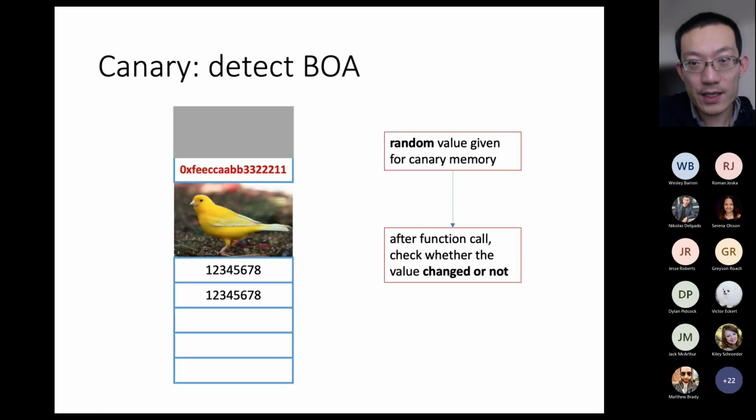The second way, which I like better, is called a canary. You may know the real-world canary example. There is a cave, and you don't know whether the cave has enough oxygen, but you really want to go into it.